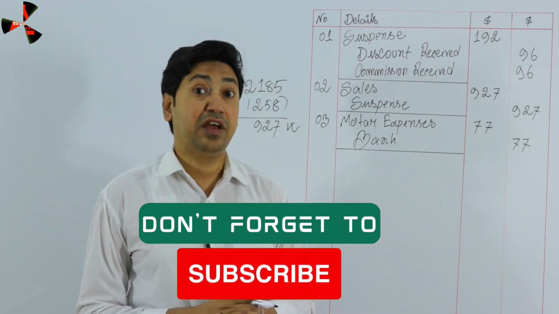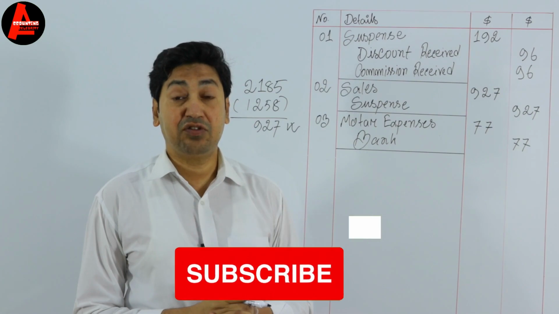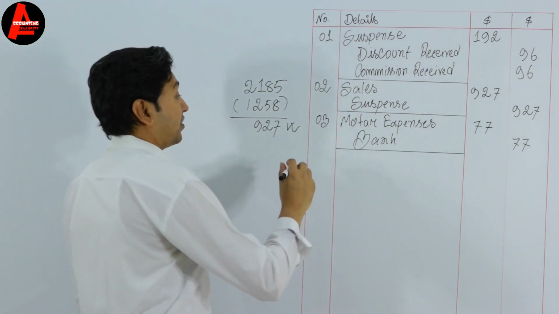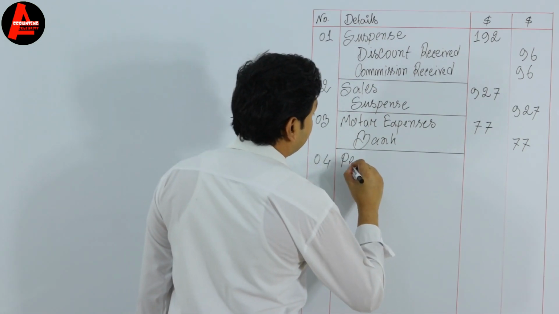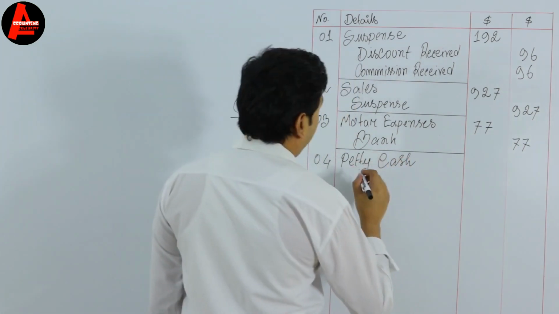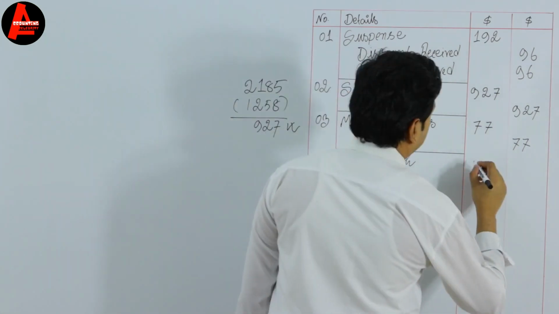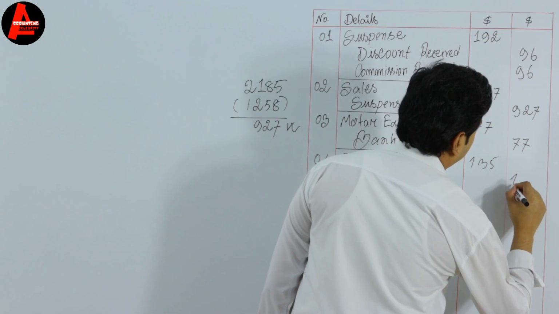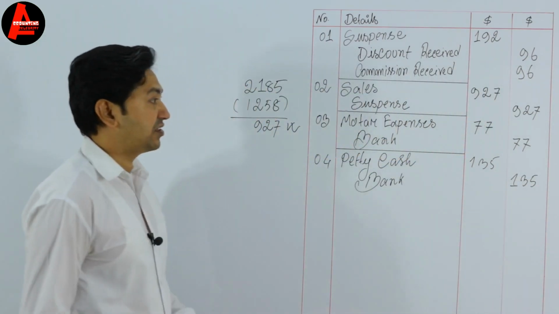Okay, so here bank account will be credited, and petty cash will be here debited. Okay, so let us write here first of all number, it is 4. We will write here petty cash account to be debited and bank account to be credited. Okay, so here on the debit 135 and on the credit 135. Okay, so number 4 is done.